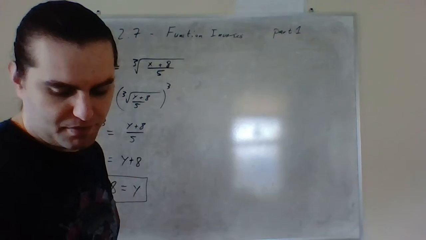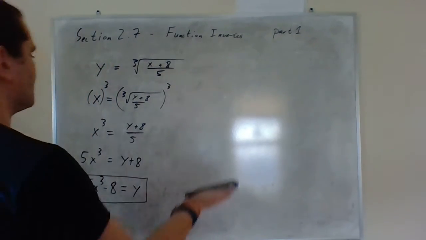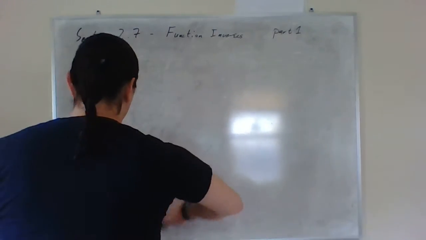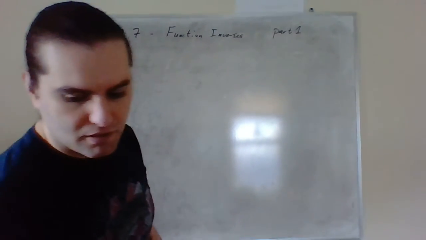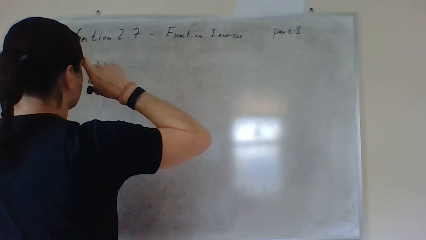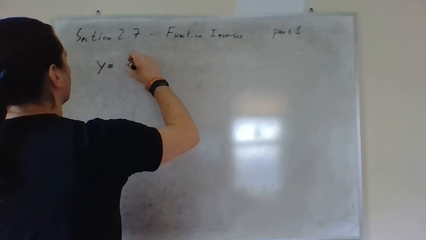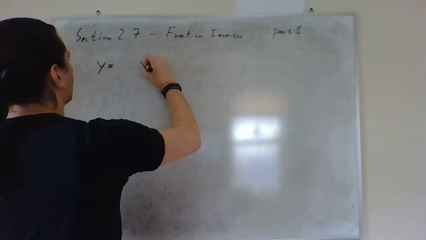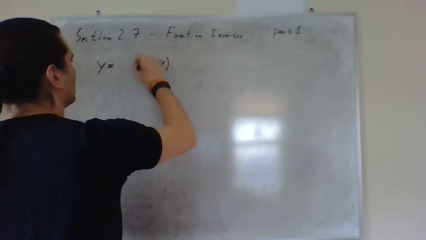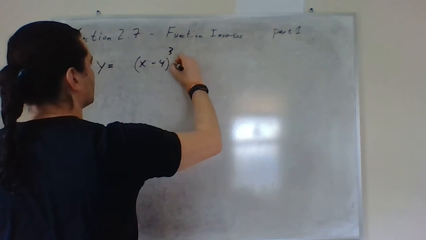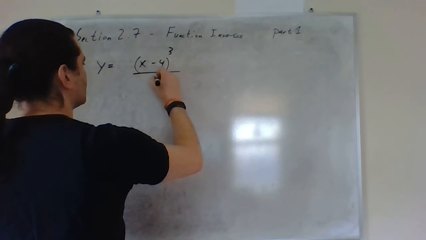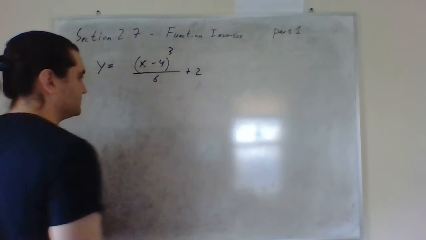So let me do one more example of getting a function inverse using the book's technique. Let's say we have y equals (x minus 4) cubed over 6, plus 2.